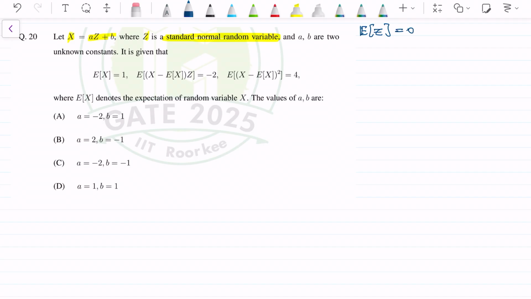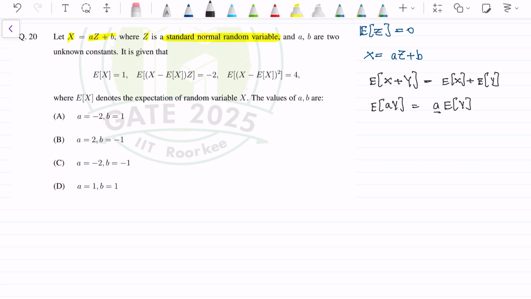Also, it is also given that x is az + b. ठीक है, now we will use two properties of expectations: expectation of x + y can be rewritten as expectation of x + expectation of y. ठीक है, also expectation of ay can be written as a times expectation of y, because a is constant and it's not a random variable. So with these two properties we can try to solve this particular question.